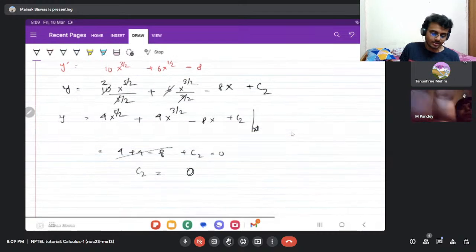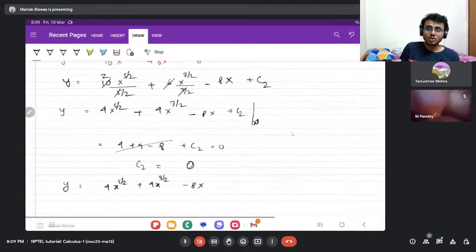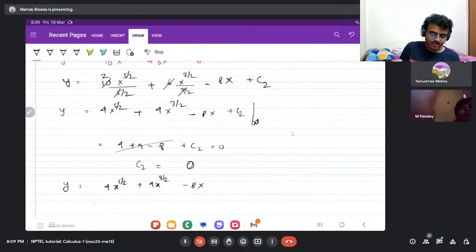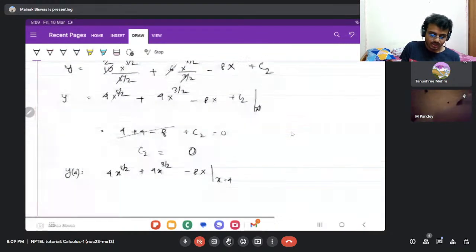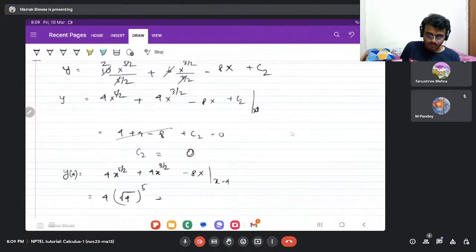0, right? So y is 4x to the power 5 by 2 plus 4x to the power 3 by 2 minus 8x. You are told to find the value at x is equal to 4. Let's see what it is. So you have root 4 to the power 5 plus 4 into root 4 to the power 3 minus 8 into 4.